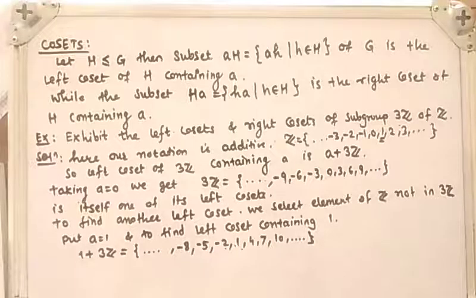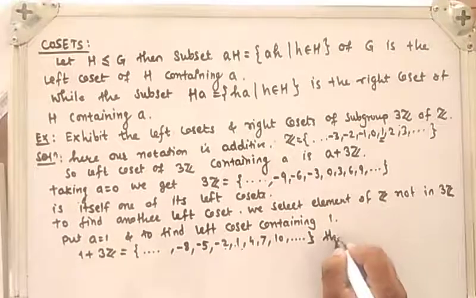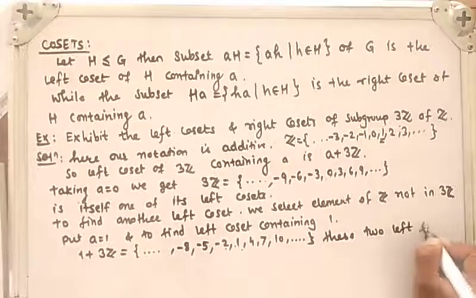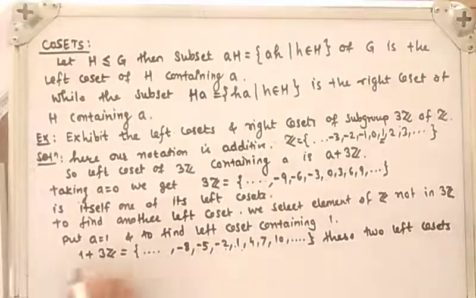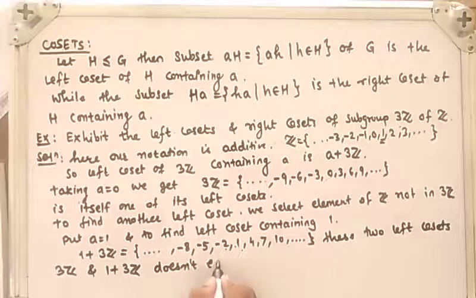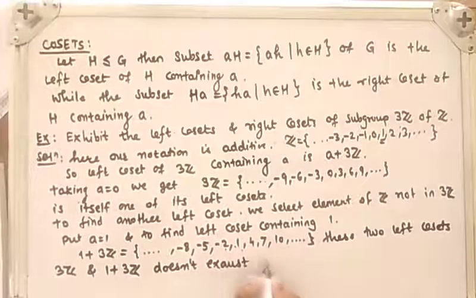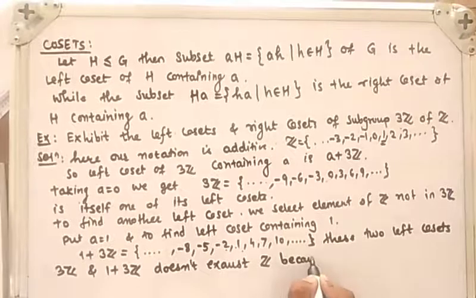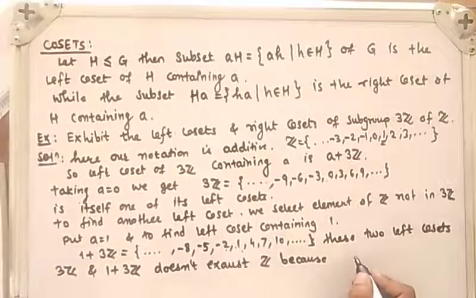So now these two left cosets, 3Z and 1 plus 3Z, do not exhaust Z, because 2 is neither of them.